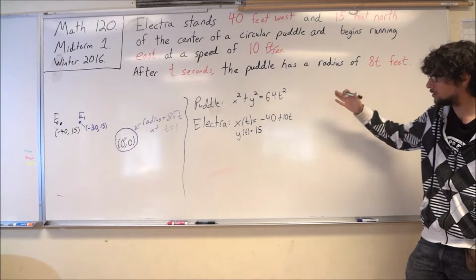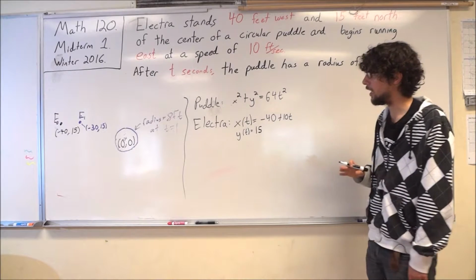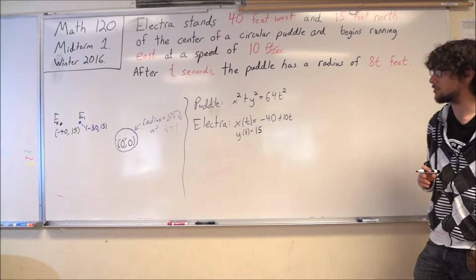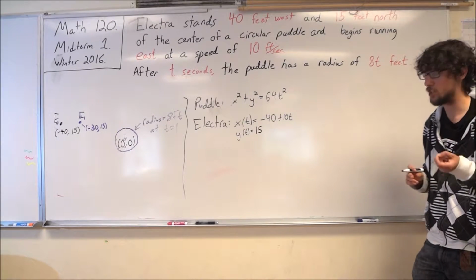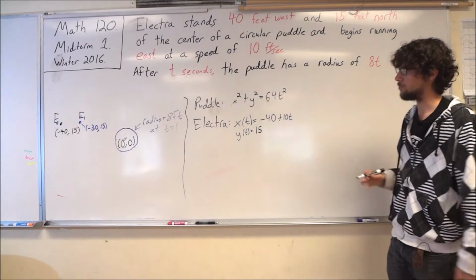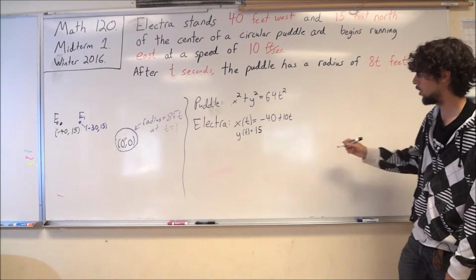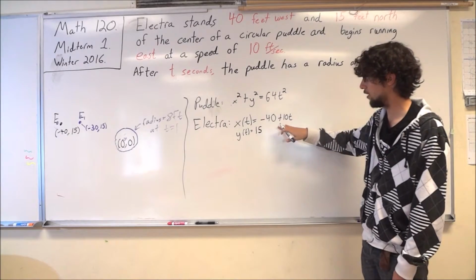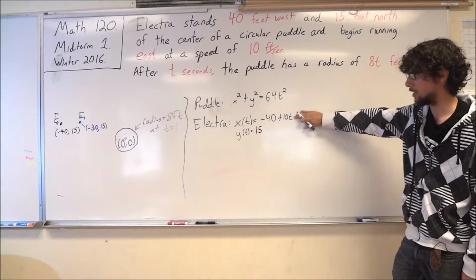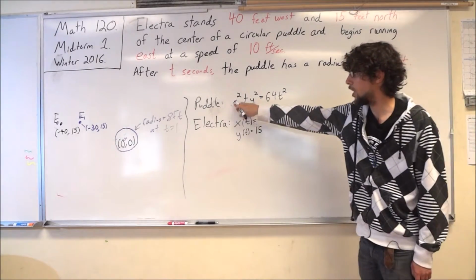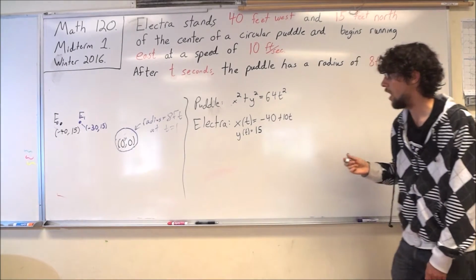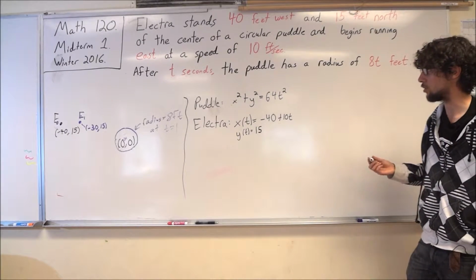So I can combine these equations in order to find the times when Electra's position will intersect with this boundary of the puddle. In particular, if I take this statement of x and this statement of y and plug them in to here and here, I get an equation that's just in terms of t.